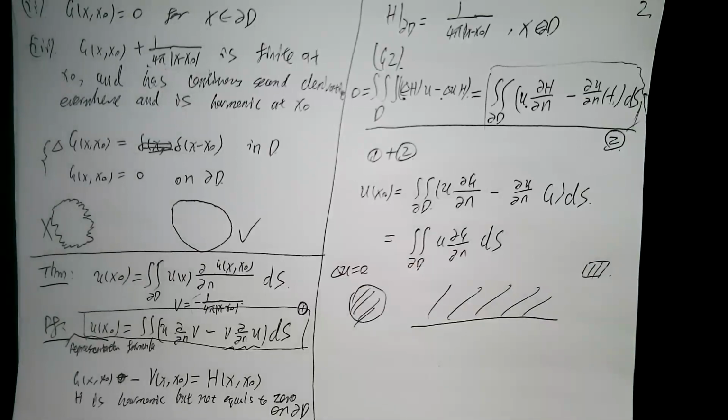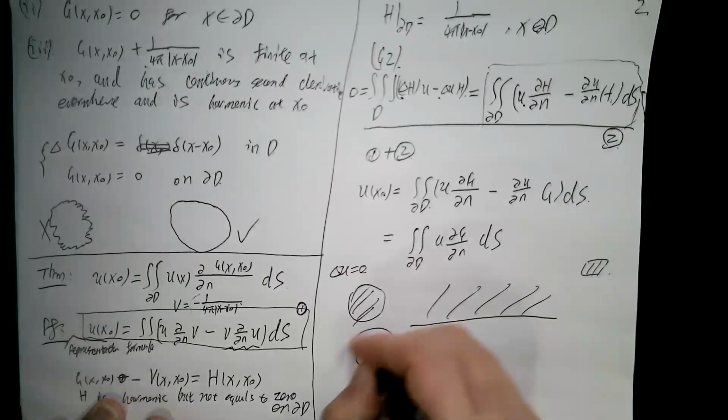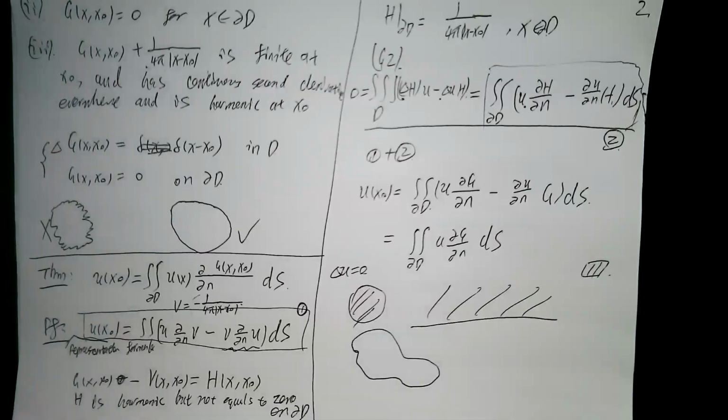But now we are tired of these tricks, so we want to get something general. What happens if your domain is very weird, not very regular? Here we finally get a property of the solution of the Laplace equation on such a domain: as long as you can find the G for me, then I can solve the Dirichlet problem for any domain.